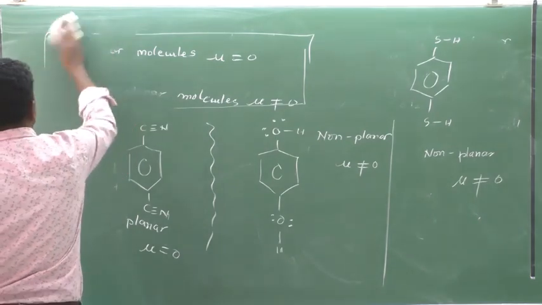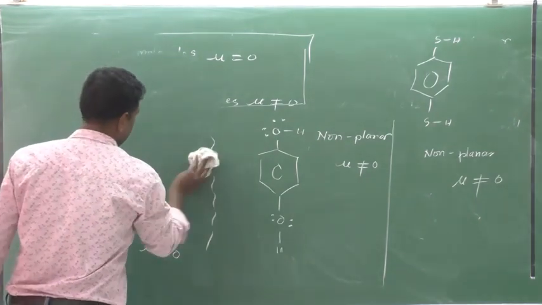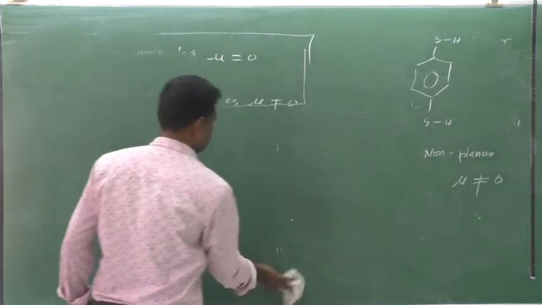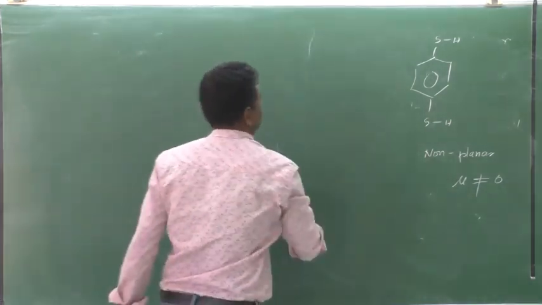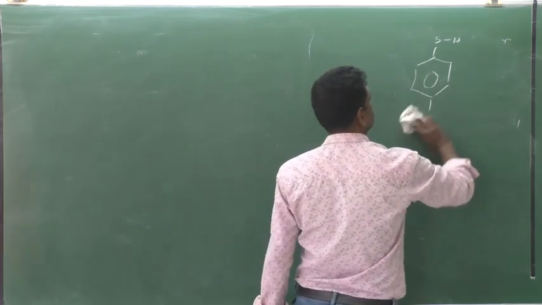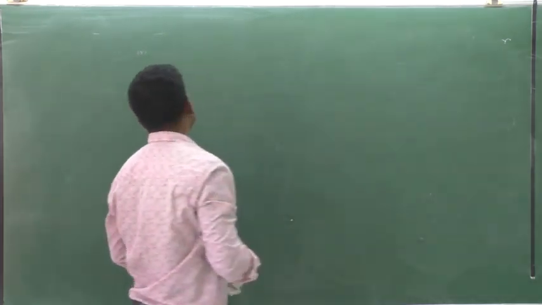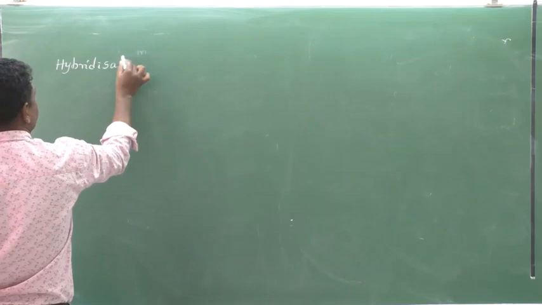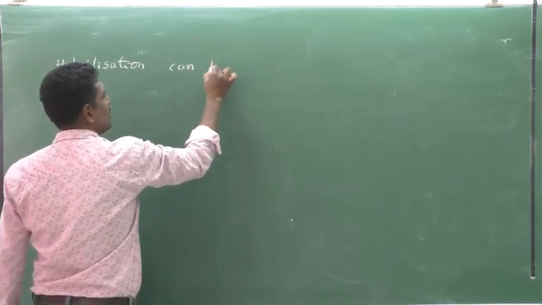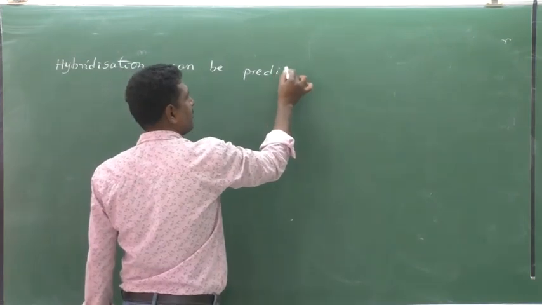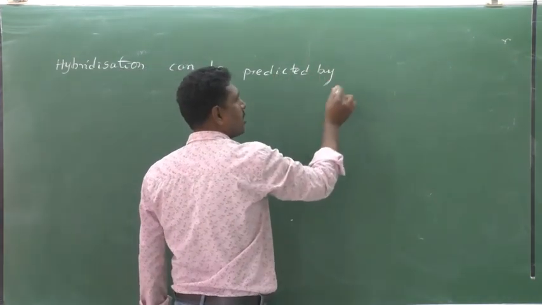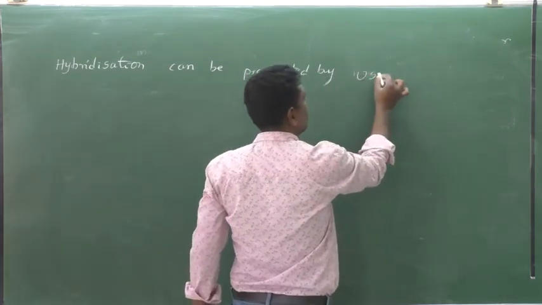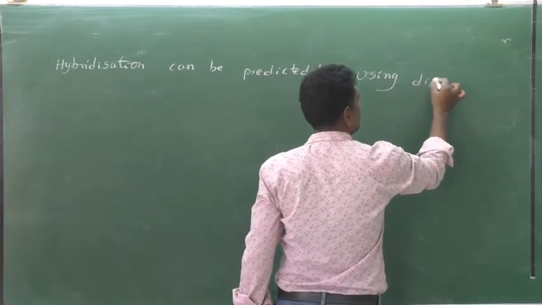Next, hybridization can be predicted by using dipole moment.